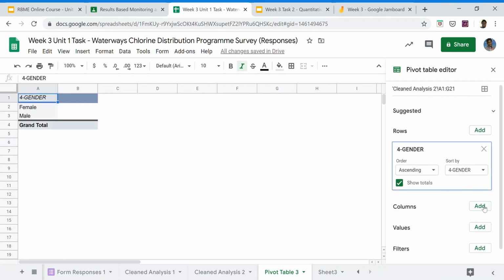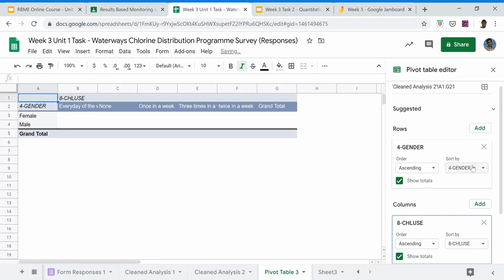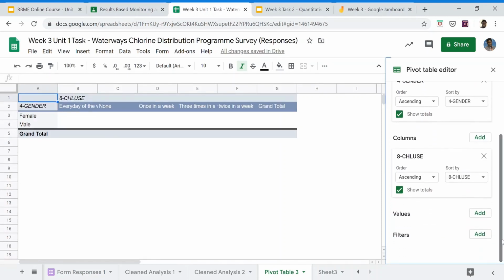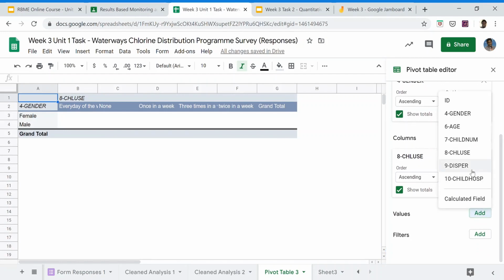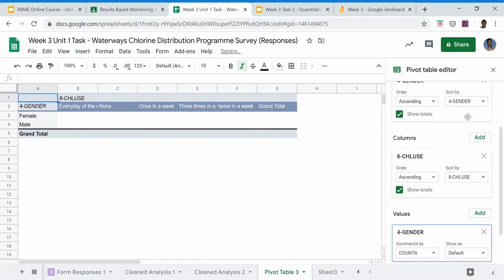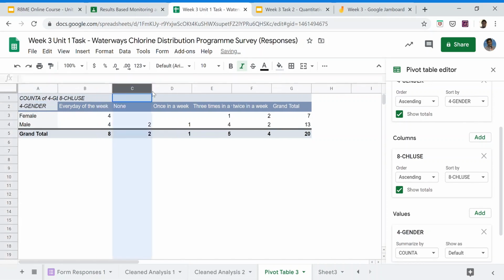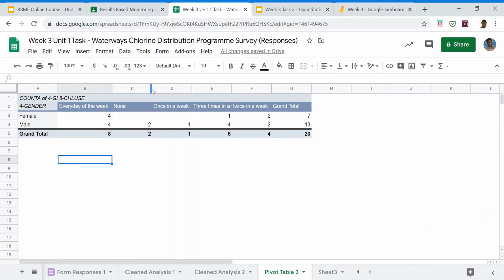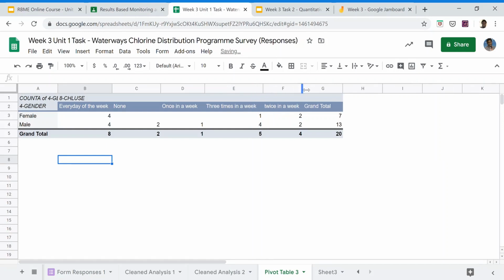and columns will be chlorine use, and values. So you can see those that said 3 times in a week, those that said twice in a week, those that use it every day in a week. You can see them here.